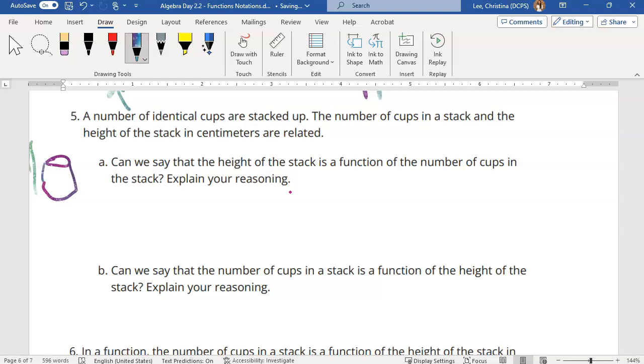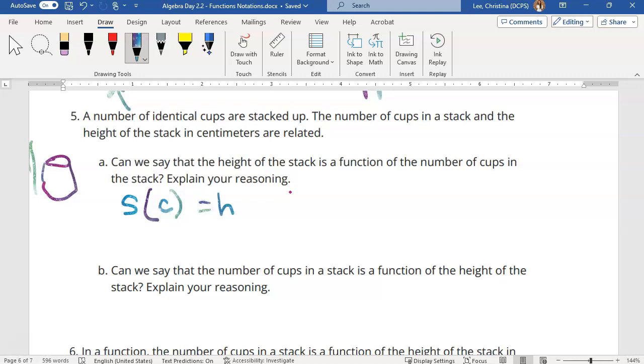It says, can we say that the height of the stack is a function of the number of cups in the stack? So if we were to say, let's say S of C, where C represents the number of cups, equals height, is that a function? So for every time I put 1 cup in, am I going to get a new height? If I put in 1 cup, I'll get a certain height, let's say 5 inches, right?